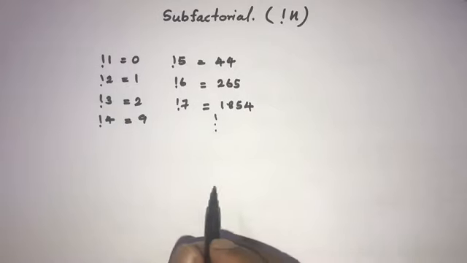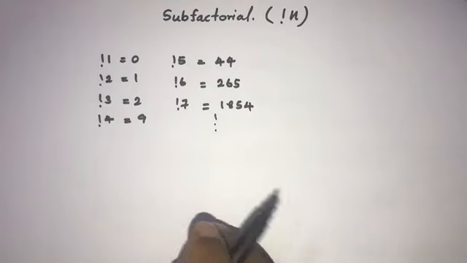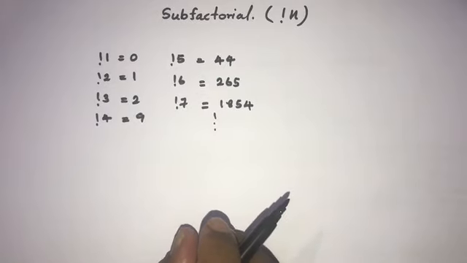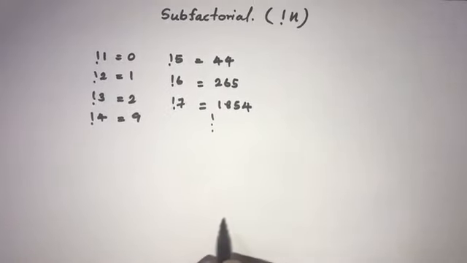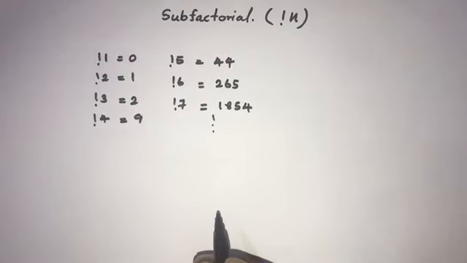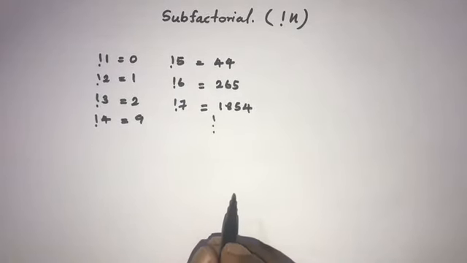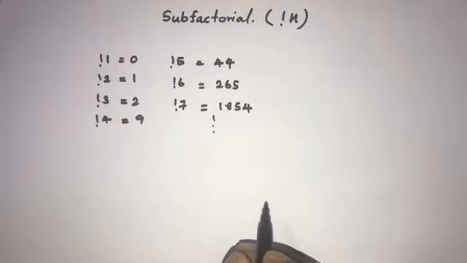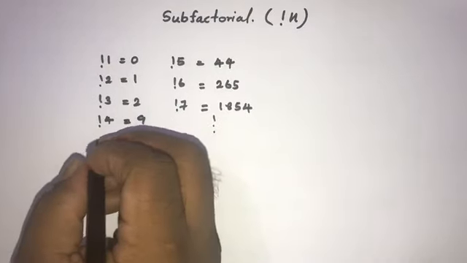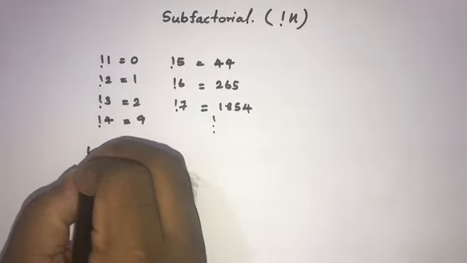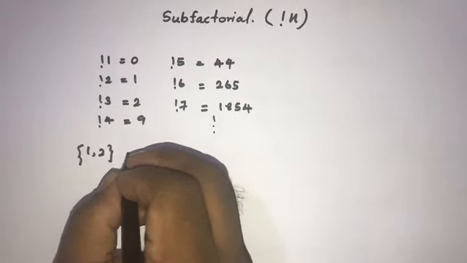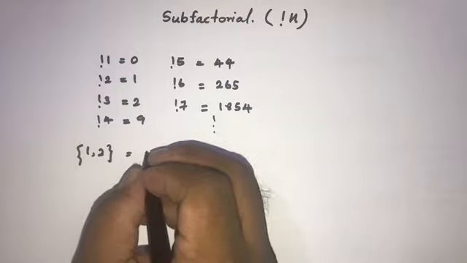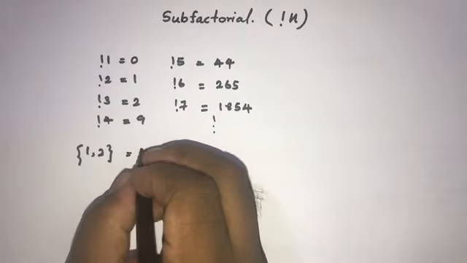Well, subfactorial, also called the derangement number, is the number of permutations of n elements in which no object appears in its natural place. For example, the derangement of 1, 2.